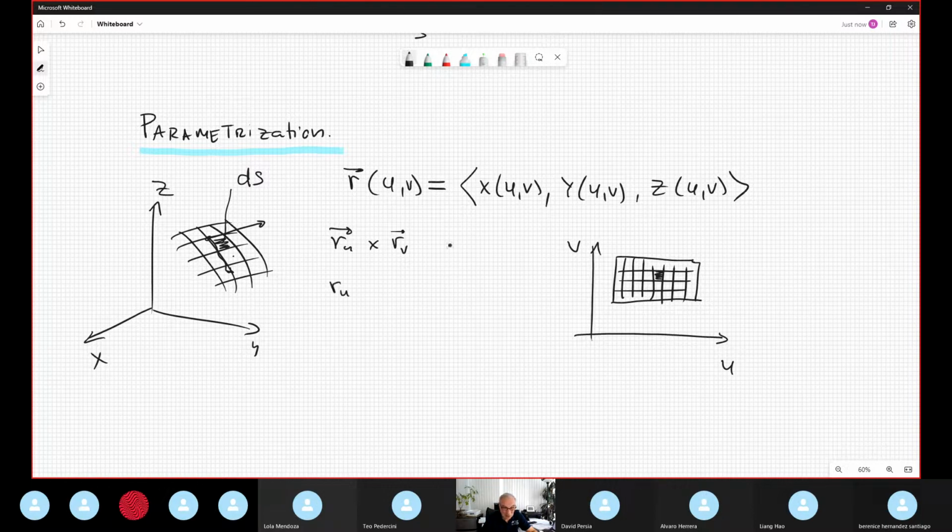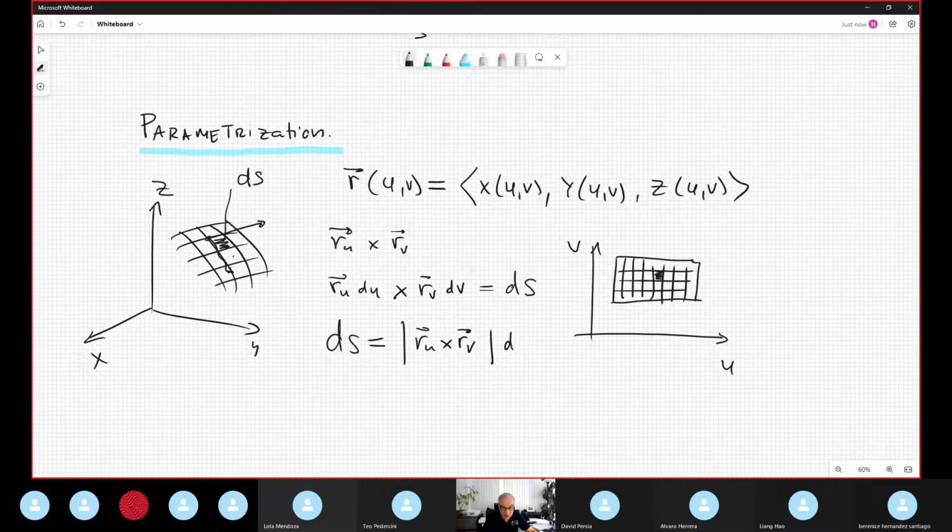It's r_u du cross product r_v dv, and this gives me dS. So dS is actually the actual value, because dS is a scalar, not a vector. It is the magnitude of r_u cross r_v, and du dv is a scalar, so it is du dv.